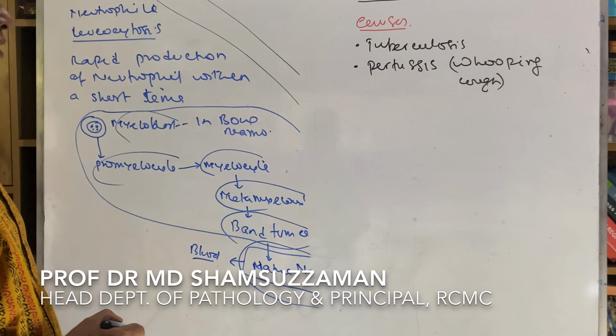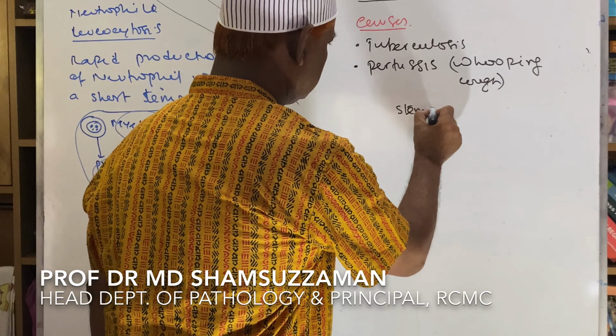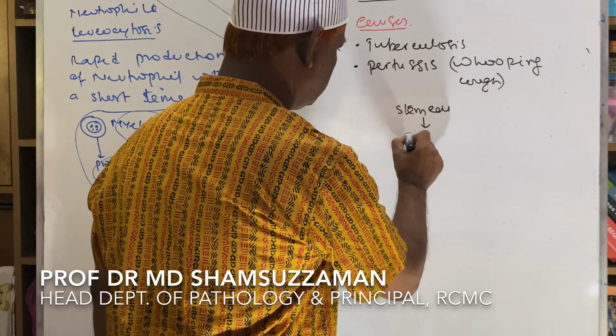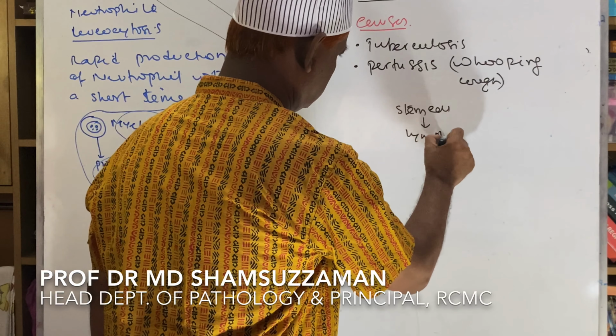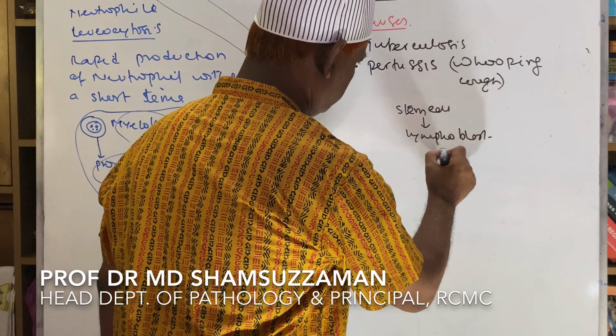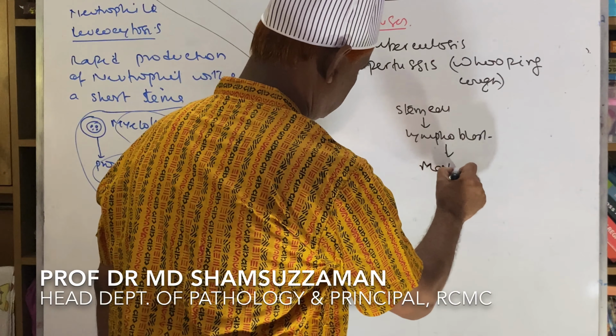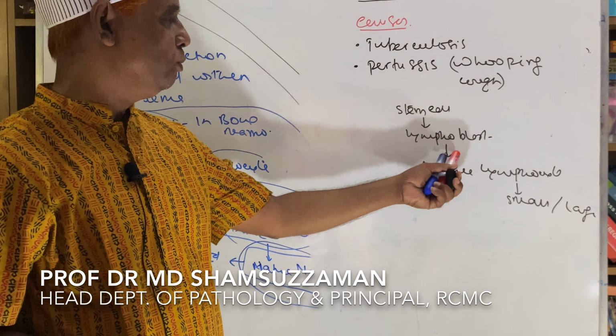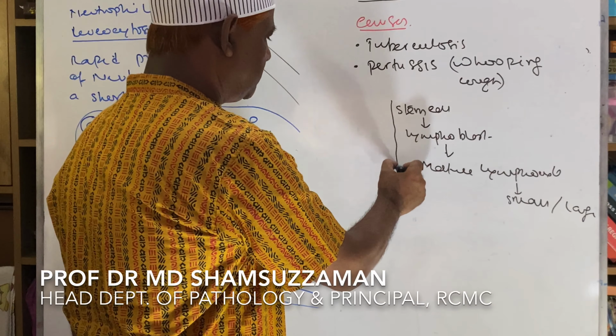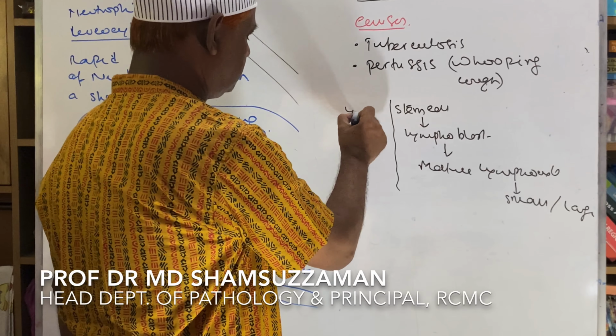Dear audience, you know, the stem cell or primitive cell gives us the lymphoblast, and from the lymphoblast we get mature lymphocytes, either small or large.